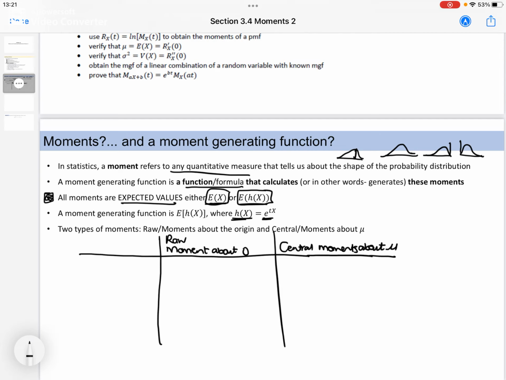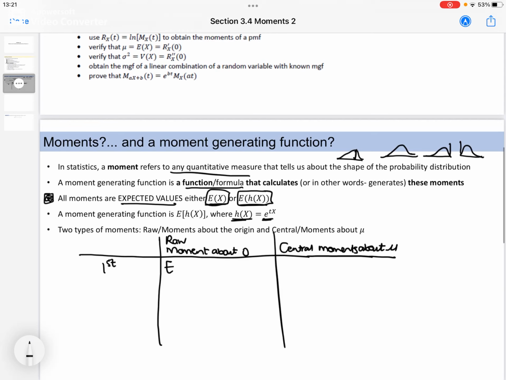All right, so let us look at the first moment. So when we say the first moment about zero, we mean calculate the expected value of x minus 0. So it's about 0, and this is equal to the expected value of x, or otherwise known as mu.